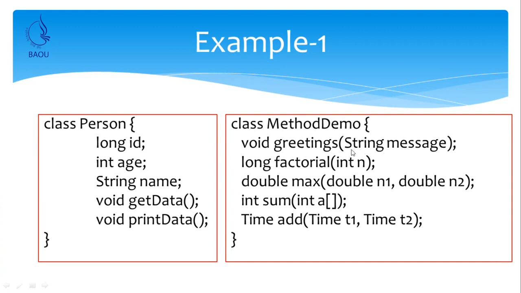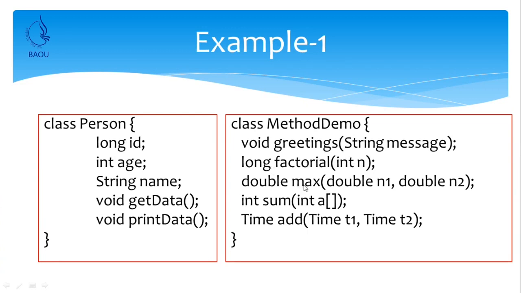So, this is an example of a method which takes a parameter, but it does not return any value. Another method is long factorial and the parameter is integer n. So, this method will take integer value n from user and return its factorial as a long value.